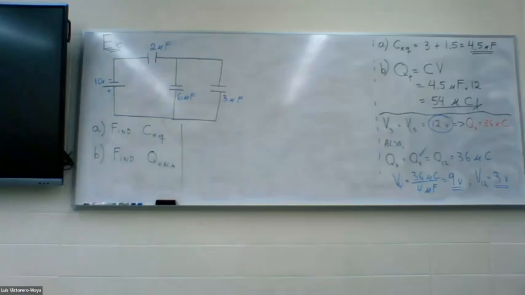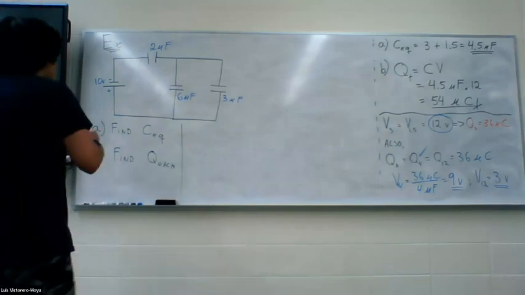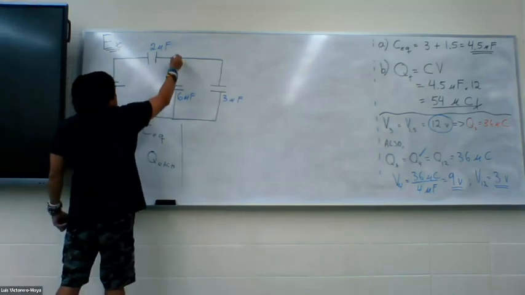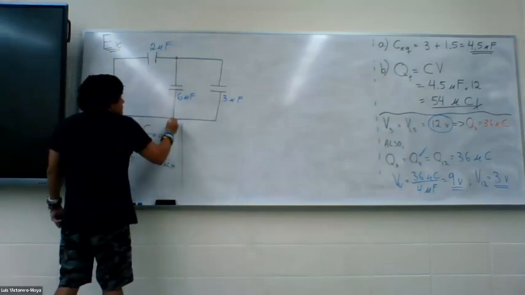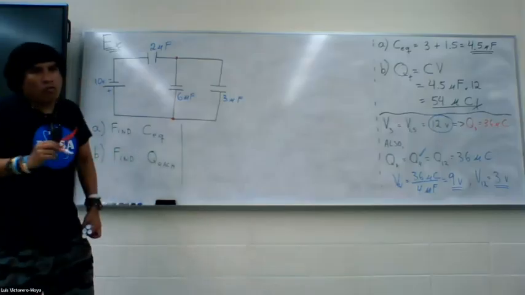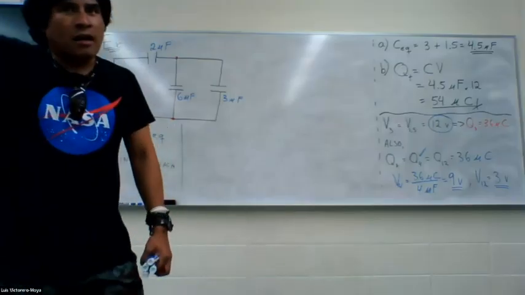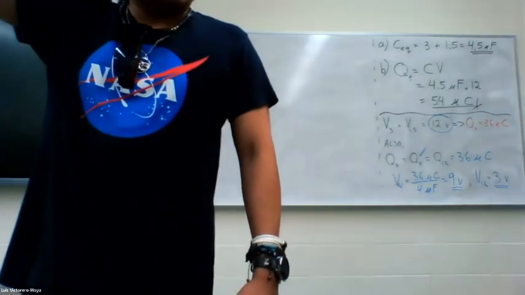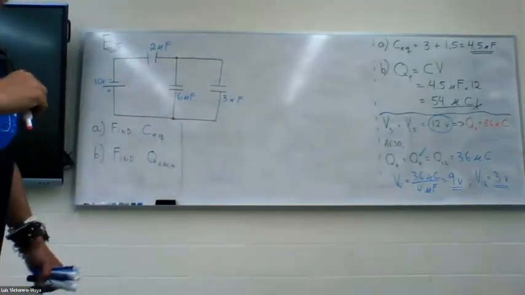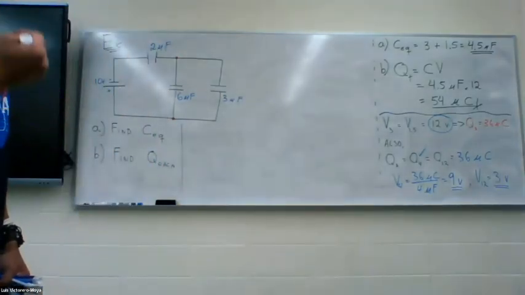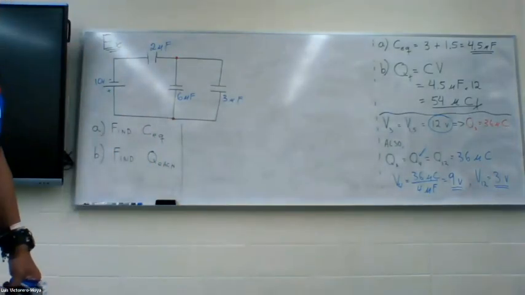All right, so here maybe it's a bit easier to realize that 6 and 3 are in parallel first, right? Because of this junction. A junction or a node is an intersection of 3 or more wires. All right, that's going to be very important when we start doing more complicated circuits, especially with resistors.